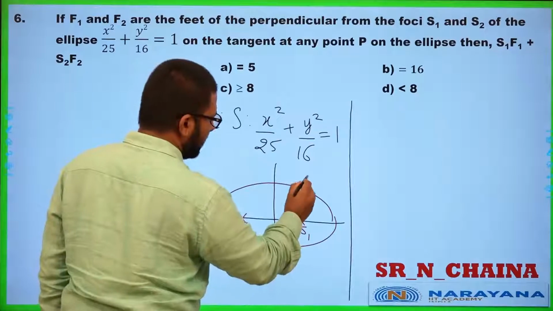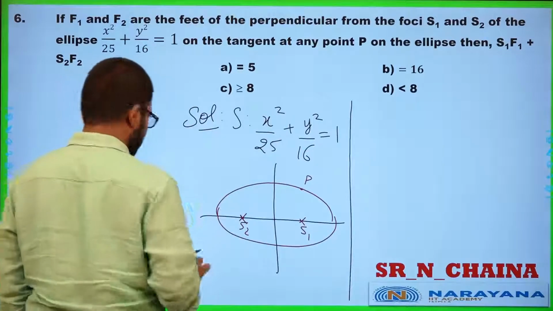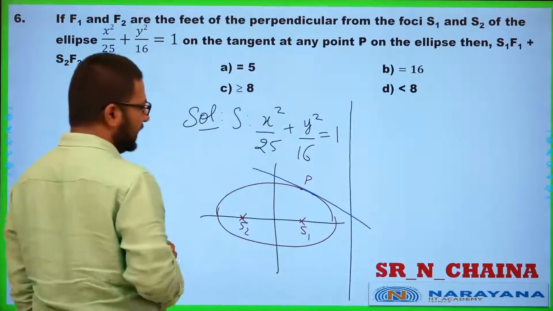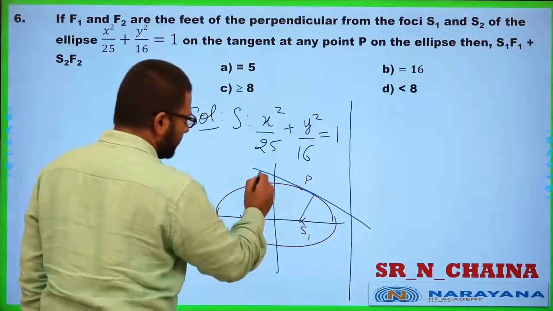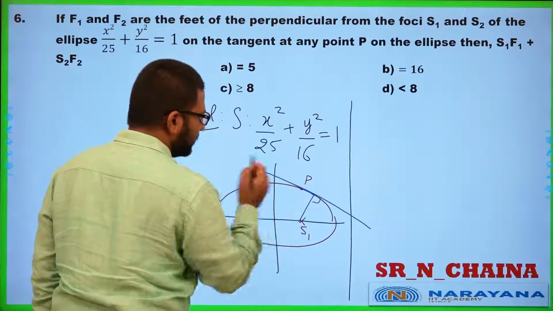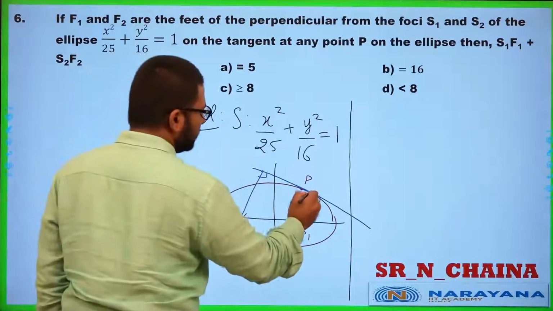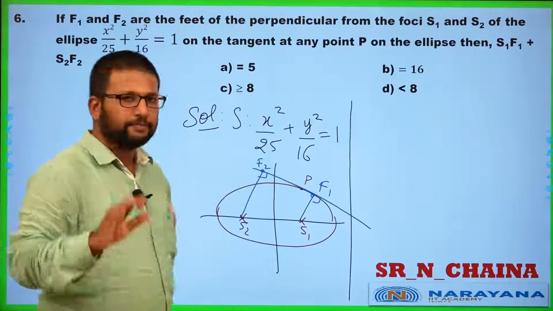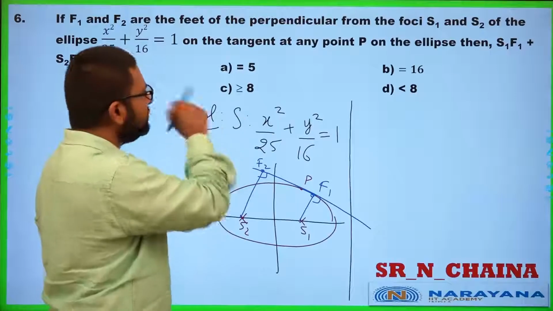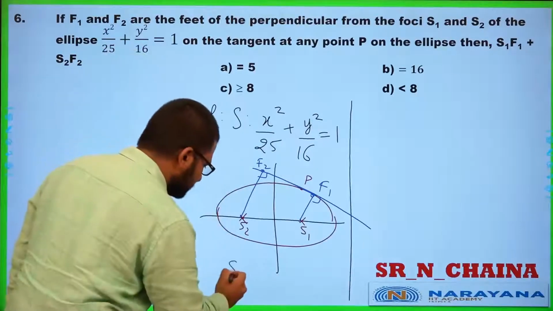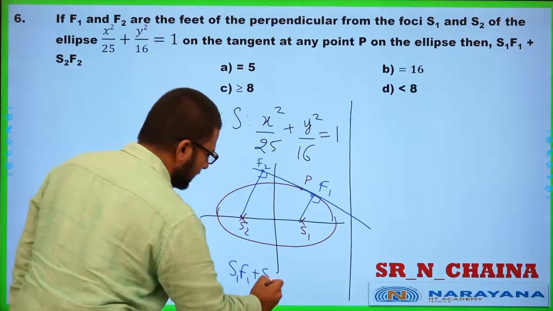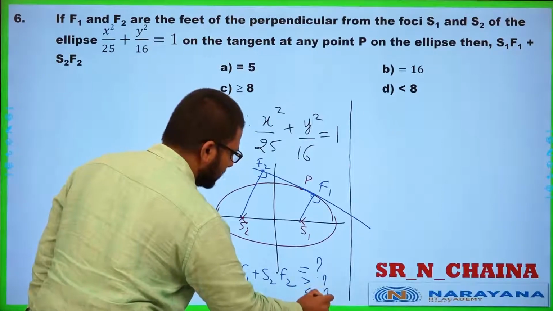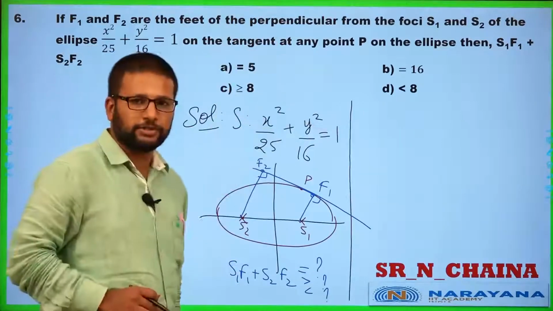At some point P, we are drawing a tangent, and then perpendiculars are drawn from S1 and S2 to this tangent. The feet of the perpendiculars are labeled F1 and F2. That is what is happening. And then S1F1 plus S2F2 is equal to, or greater than, or less than something. That is what we need to find out based on these options.